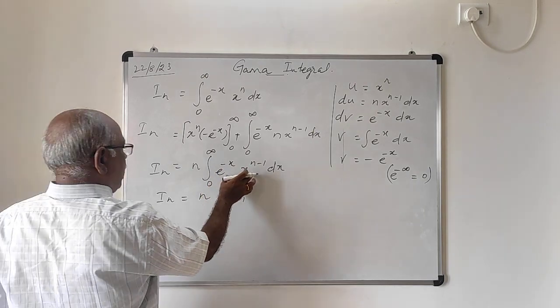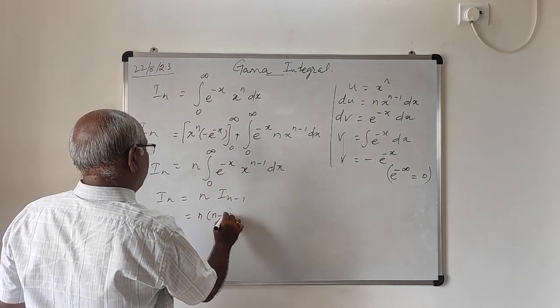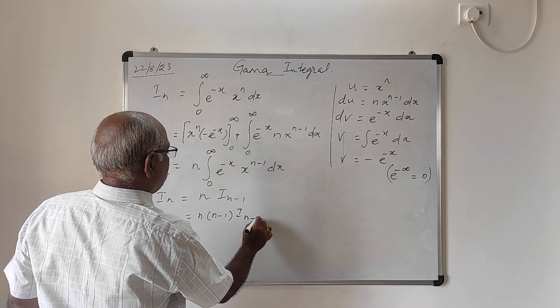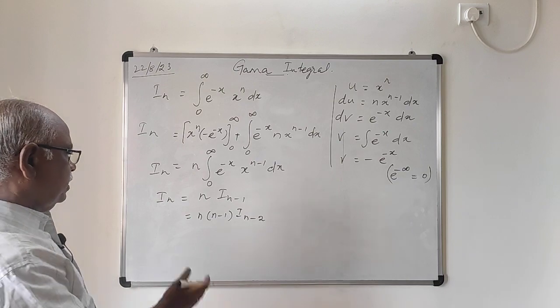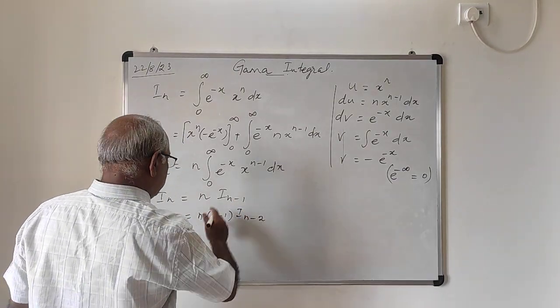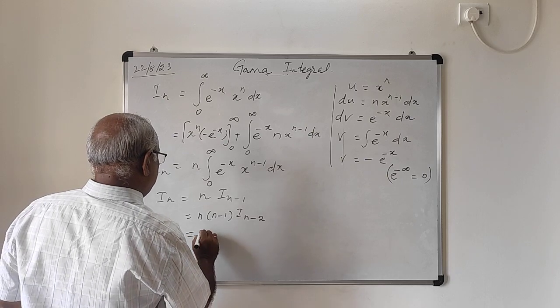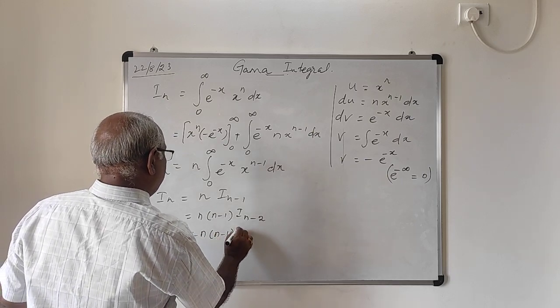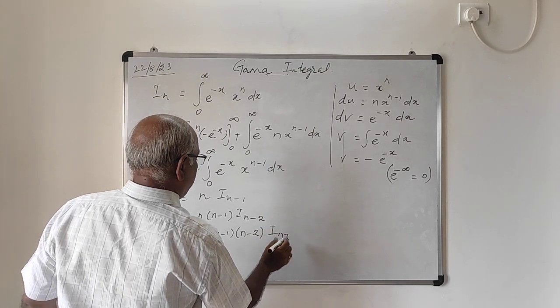Further, integrating by parts again, you will get n into n minus 1 into I_(n-2). Like that, we have to proceed step by step. Expanding I_(n-2), you will get n into n minus 1 into n minus 2 into I_(n-3).